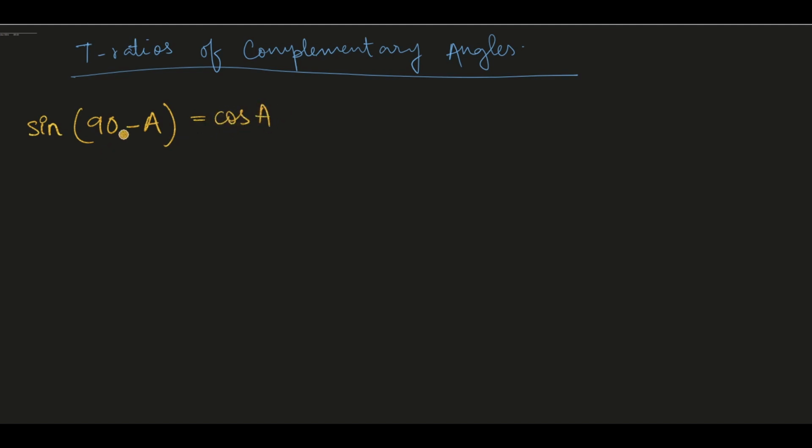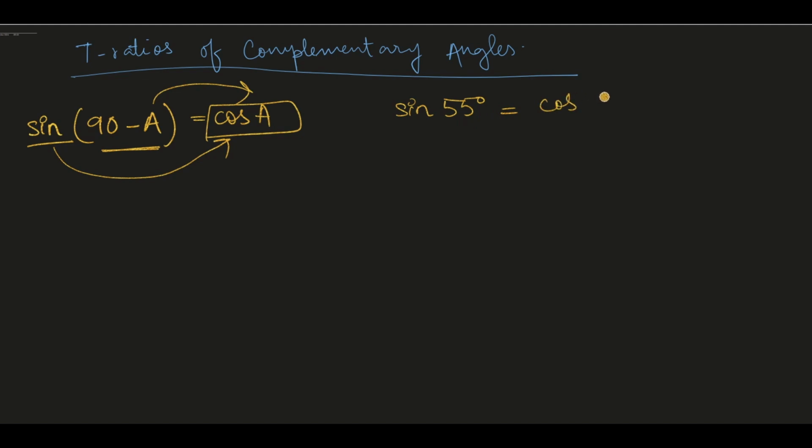So see what is happening here. This sine changes into cos in the presence of this angle. While doing the questions, if we need to change sine into cos, we need to make changes in the angles, and after doing 90 minus A, we'll get cos A. For example, sine 55 degrees will be equal to cos 35 degrees.